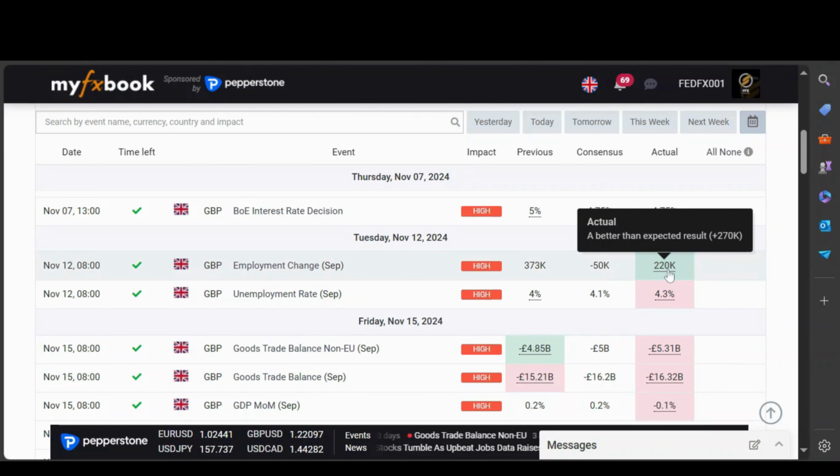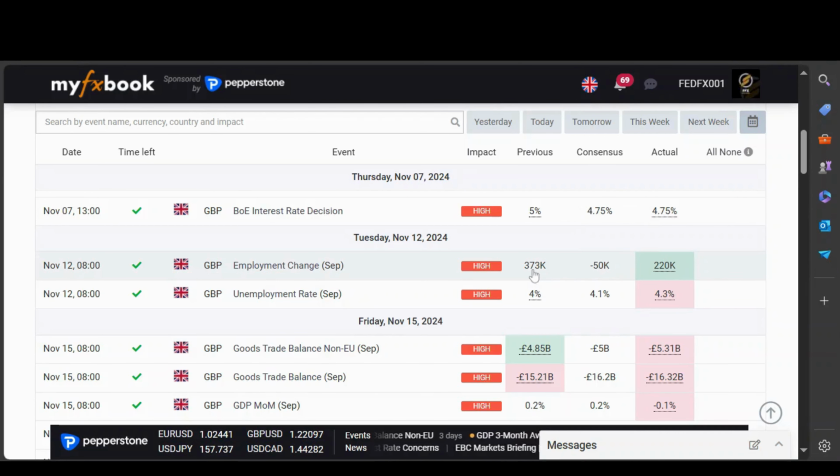You can say it's better for the short term, but for the long term, look at the previous. It was 373k, and the market was betting on minus 50k, and we had 220k better.